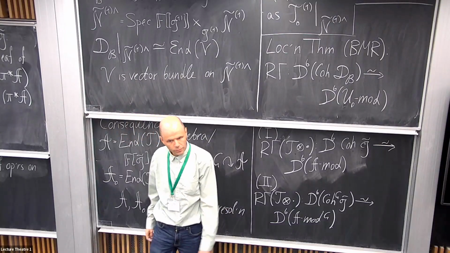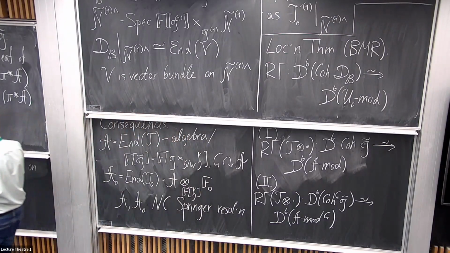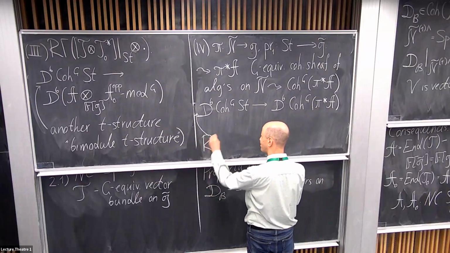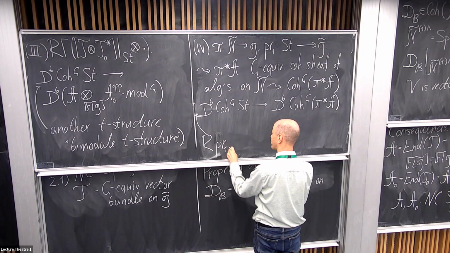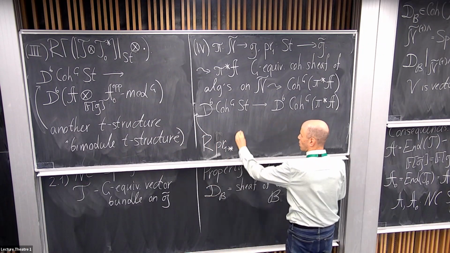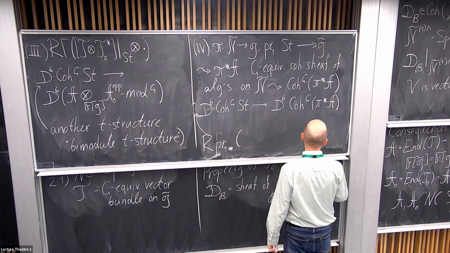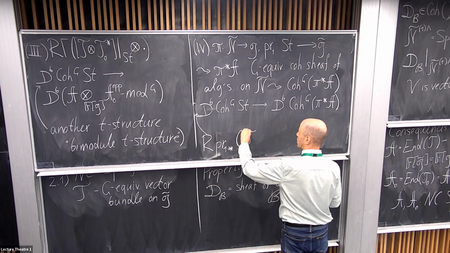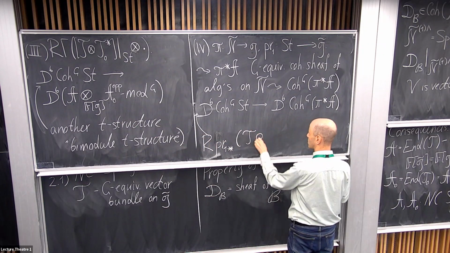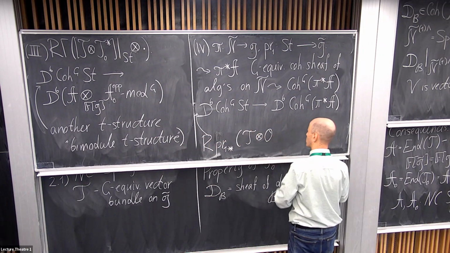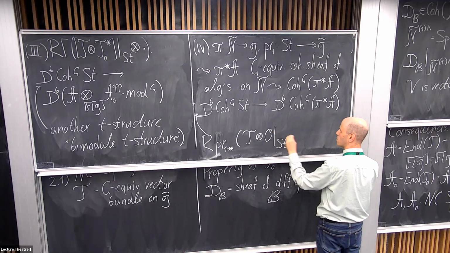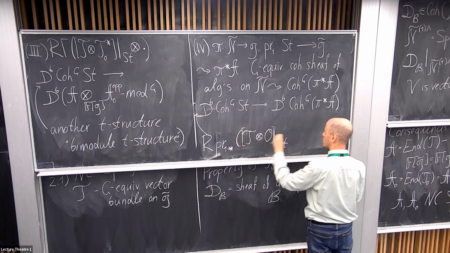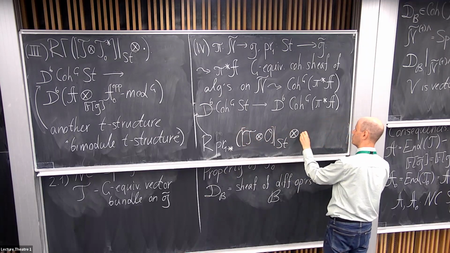So instead of taking derived global sections, I will take the derived push forward under projection 1. And then I only need to deal with the first coordinate, so I take my T, I tensor it with the structure sheaf, and I restrict it to Steinberg, and I tensor.